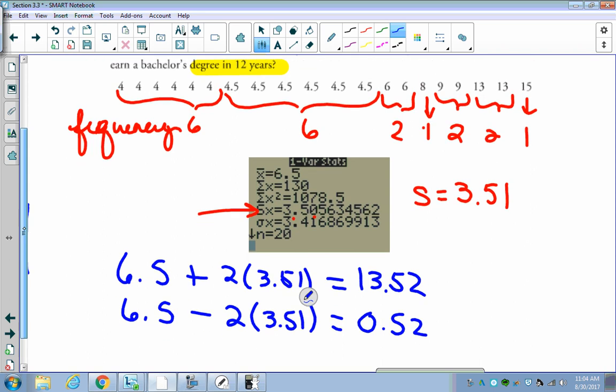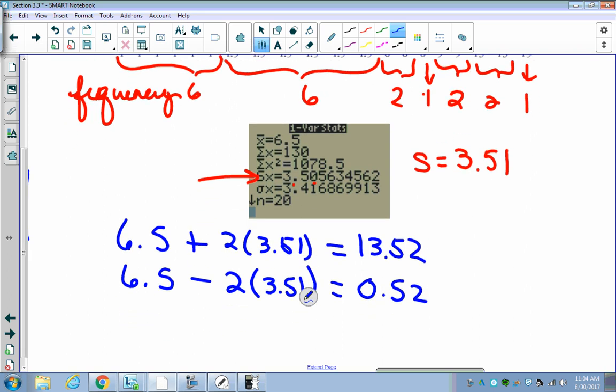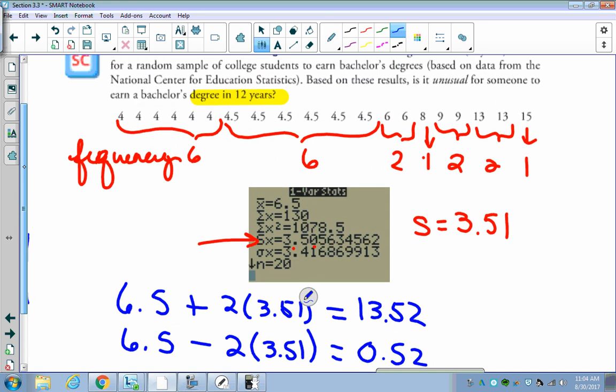But according to our stats, anything between 0.52 and 13.52 is considered to be usual. So 0.52 to 13.52 is usual. So is 12 years unusual or usual?